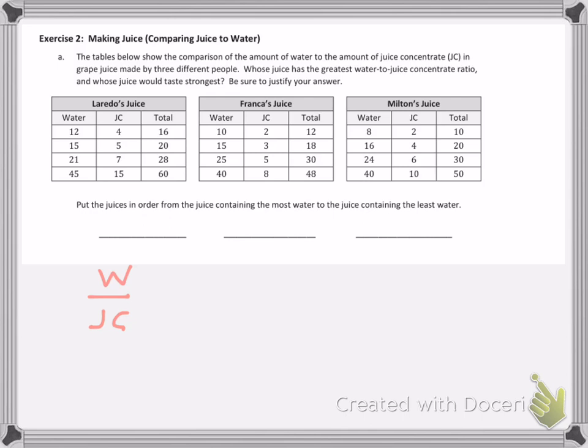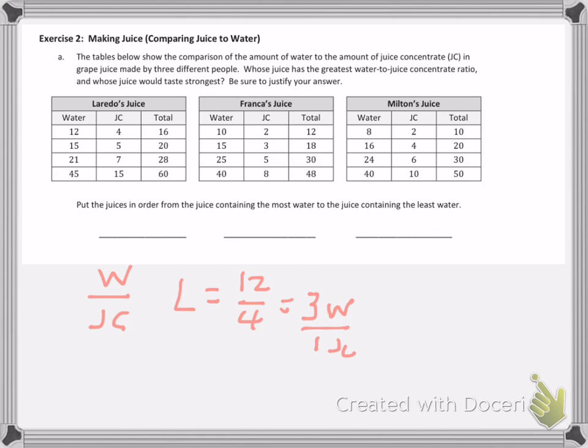Laredo here would be 12 divided by 4, which is 3 parts water for every 1 part juice. Okay?